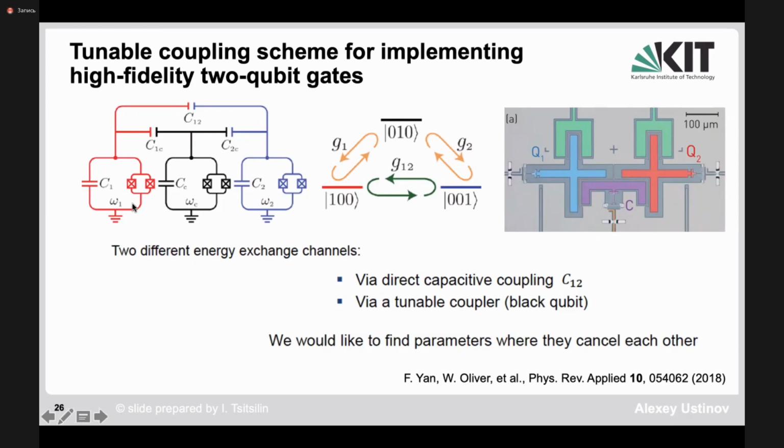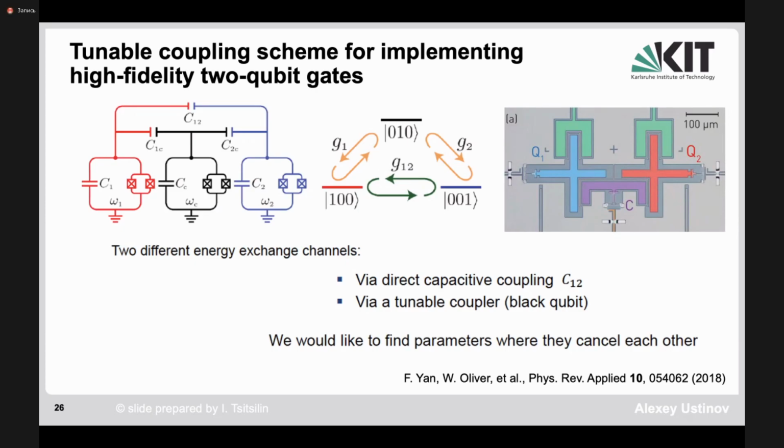You have here a tunable qubit 1, which is the red part of the circuit, and a tunable qubit 2, which is the blue part of the circuit. In between, you have a qubit very similar to those two, which is operated as a tunable coupler.